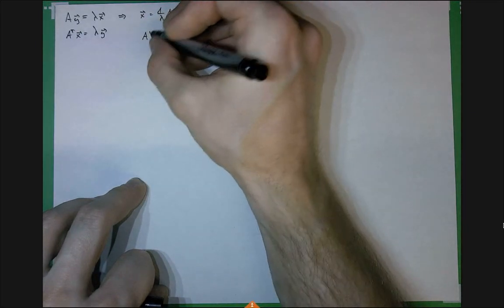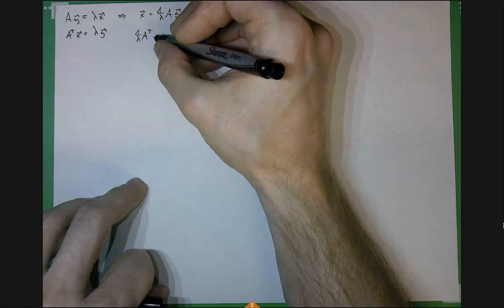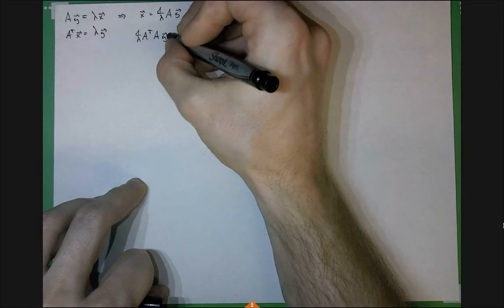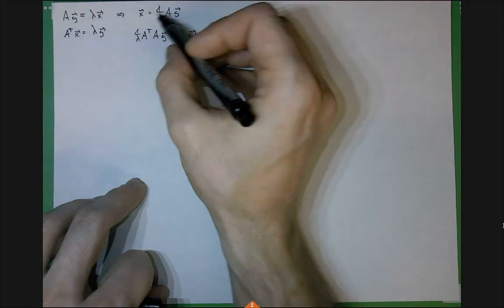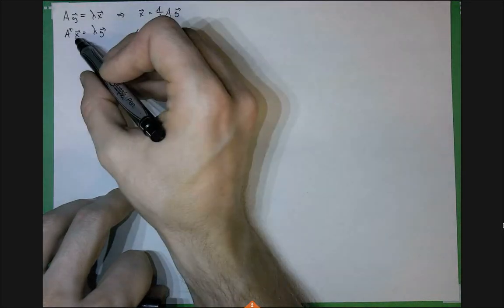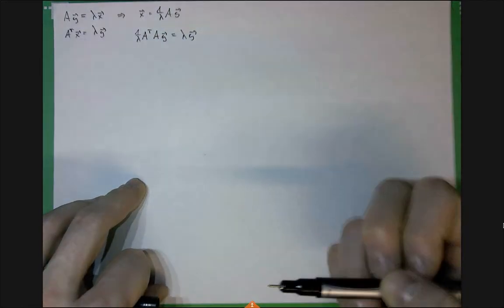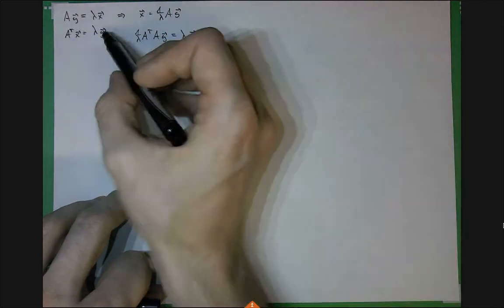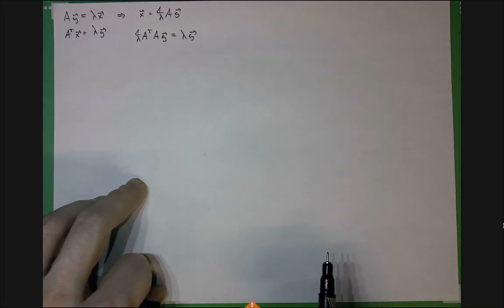So I will get A transpose 1 over lambda Ay equals lambda y. So what I did, I took this expression for x in terms of y, and I plugged it in here. So I get A^T Ay divided by lambda, right? And the right hand side is lambda y. Does everybody see this? Shall I repeat it again?